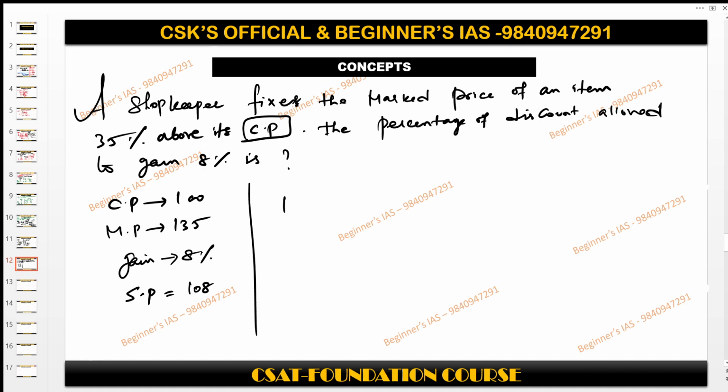Now what is the discount? MP minus SP. Clear? Calculate MP minus SP, that is the discount. Discount here is 135 minus 108, which is equal to 27. In order to calculate the discount percentage, what you need to do?